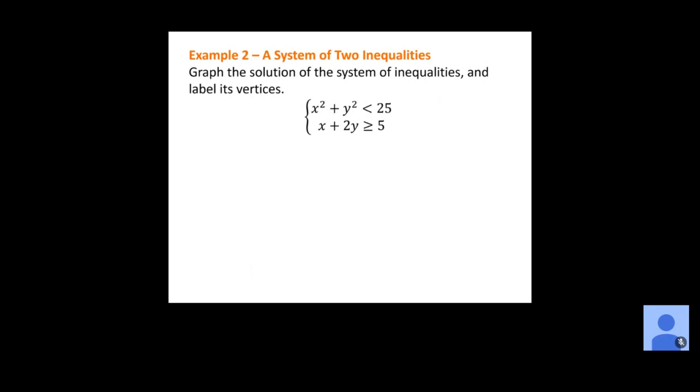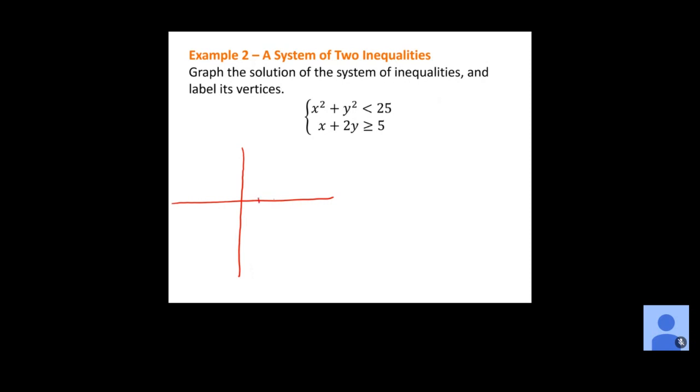Now, these are the same two inequalities we just looked at. The only difference now is it's a system of inequalities, so we have to put them together on the same graph. So I'm just going to go ahead and start by graphing that first one. And again, it's exactly like what we just did. So we're going to have a circle, radius of 5. It has to be dashed because there is no equals this time.